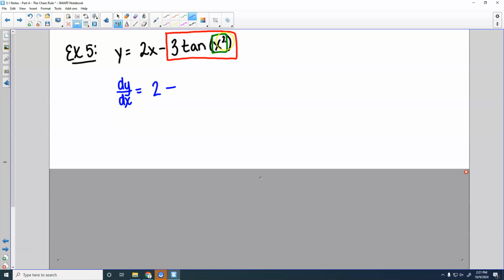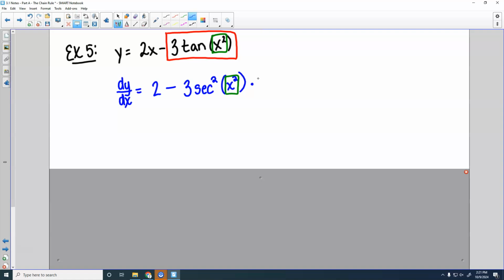For the 3 tangent x squared, we've got to take the derivative of that 3 tangent. What is the derivative of tangent? Secant squared. 3 is just a coefficient, so it just stays the same. 3 secant squared. Leave the inside alone. Don't do anything to it. It stays the same, but we must multiply by the derivative of the inside.